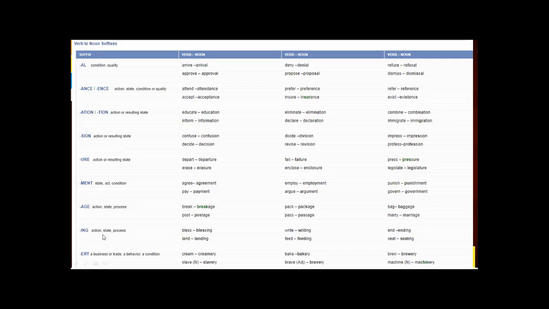The ING, the gerund, tells about an action, a state, or a process. And finally, with this list, we have the ERY, which generally tells about a business, a trade, a behavior, or a condition. Let's take some examples for each suffix.